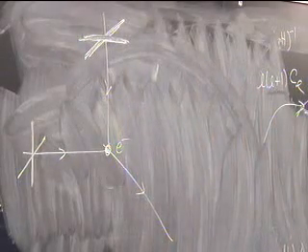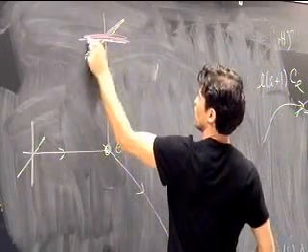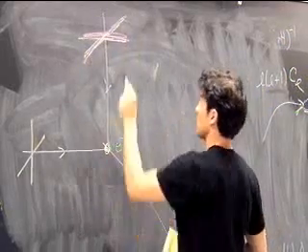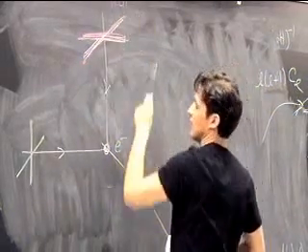and two polarization modes. Let's say this is a hot spot, and this is a cold spot.